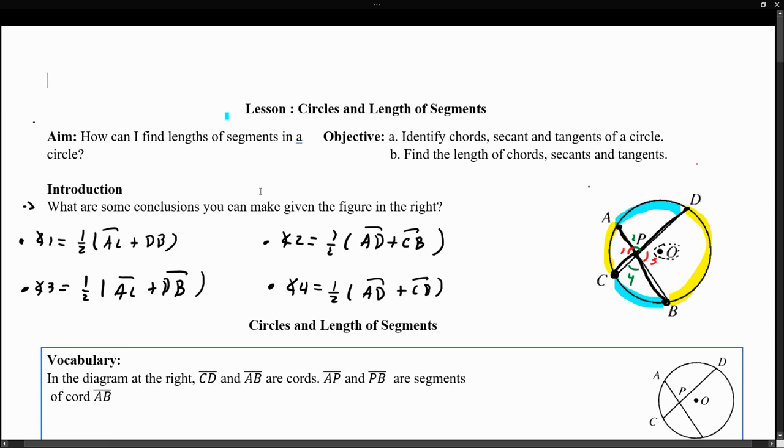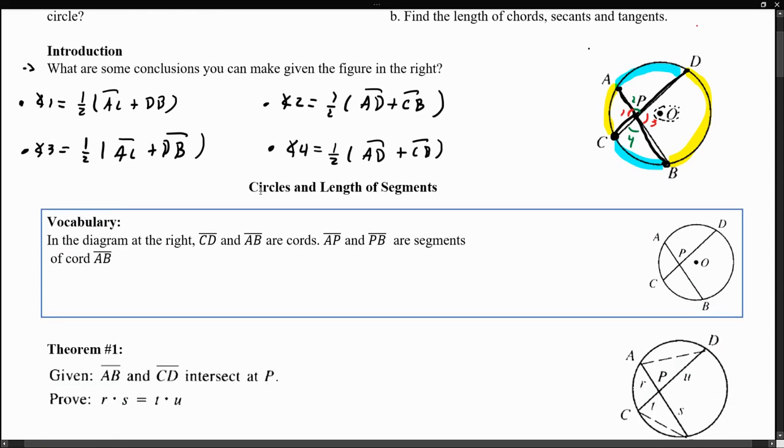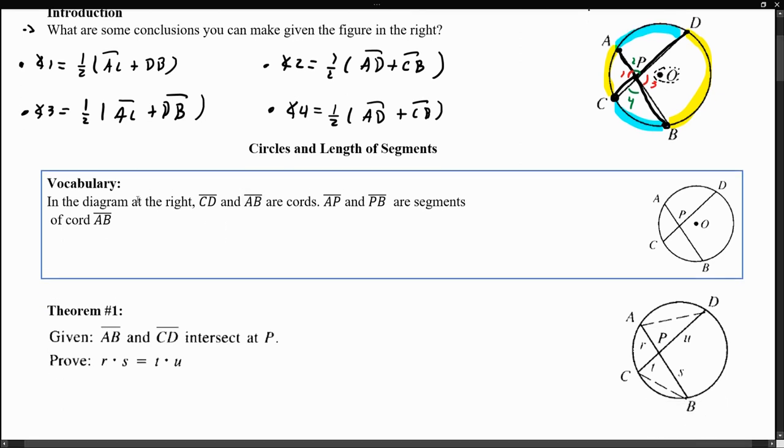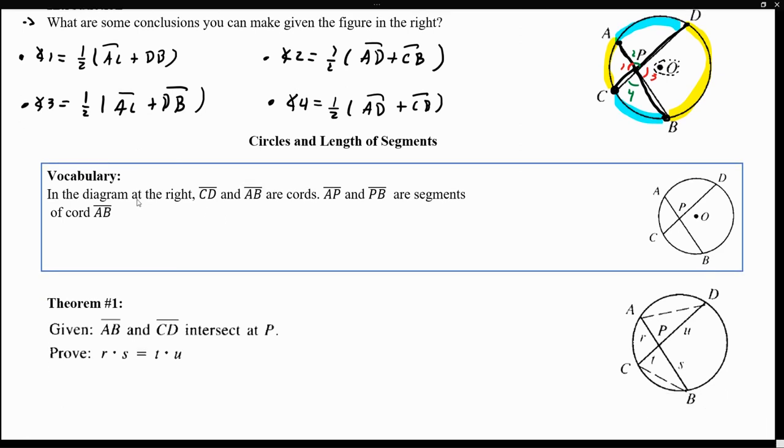Let's go into the main idea, which is circles and the lengths of segments. Let's start by discussing some vocabulary words. Here we have the same diagram as on our introduction, and in this diagram, CD and AB are chords. CD is a chord, and AB is a chord.